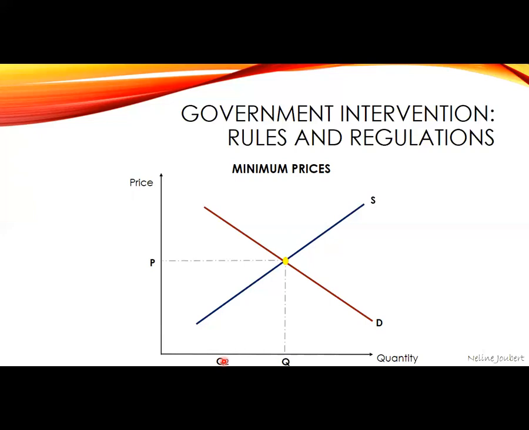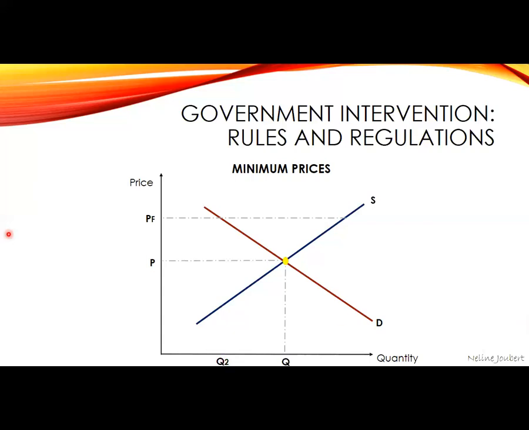The problem with staple foods is that the price is too low. So the quantities supplied may not be enough to actually sustain the country. So the government comes and they set a minimum price, also referred to as a floor price.